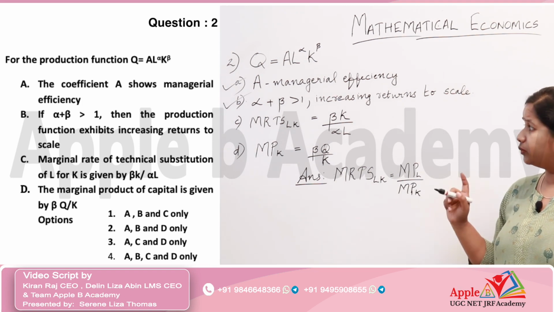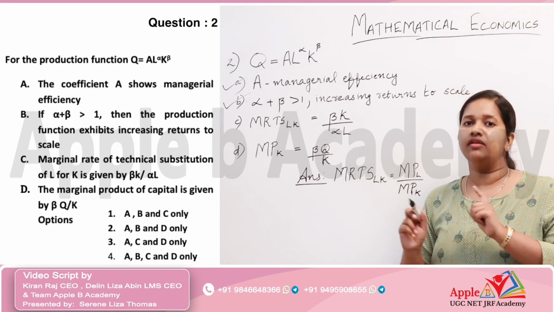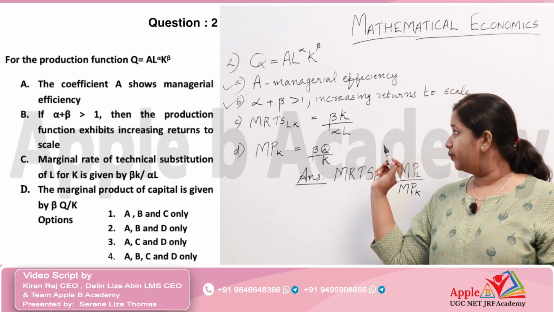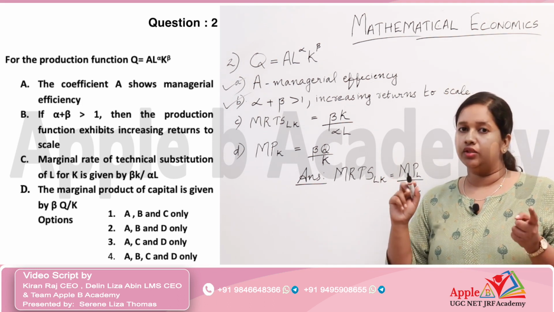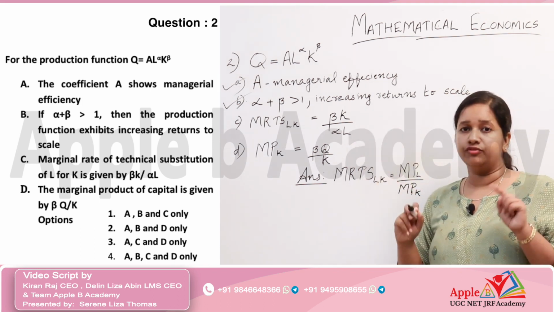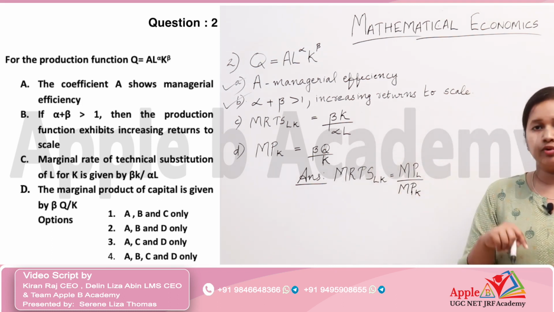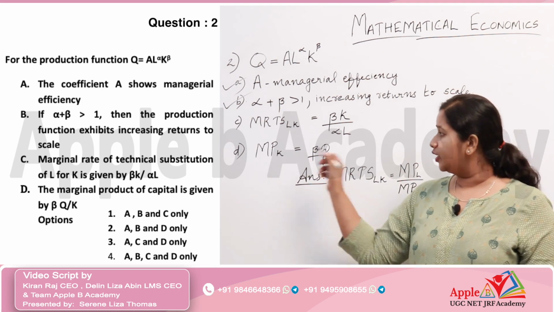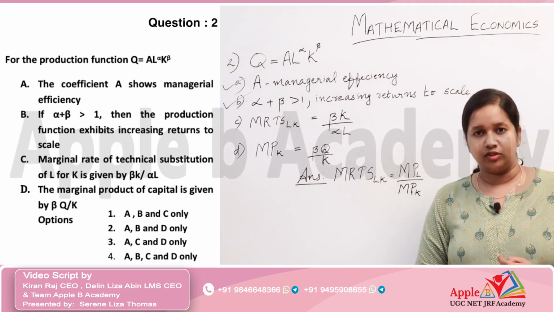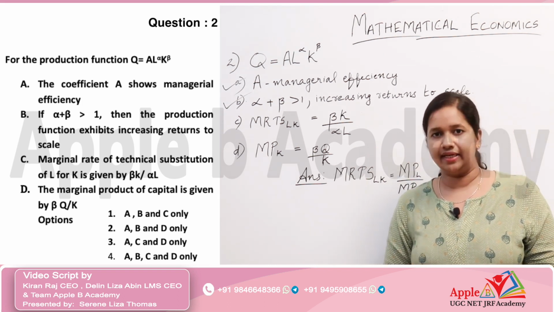Now the third option is that the marginal rate of technical substitution of L for K, that is labor for capital, is beta K by alpha L. In order to say if this option is true or false, we need to find the marginal rate of technical substitution, and the fourth one is marginal productivity of capital. So we need to find the marginal rate of technical substitution and the marginal productivity of capital and labor.